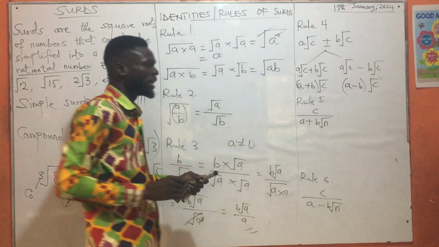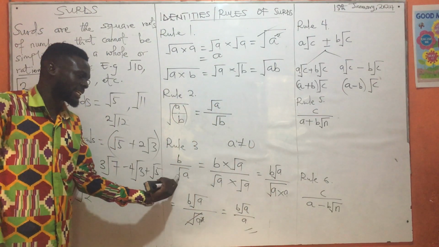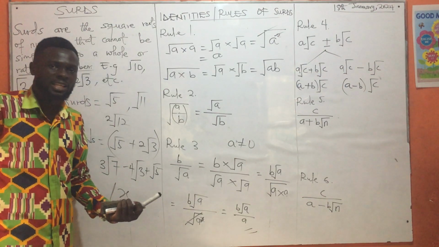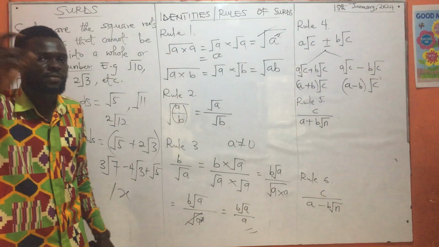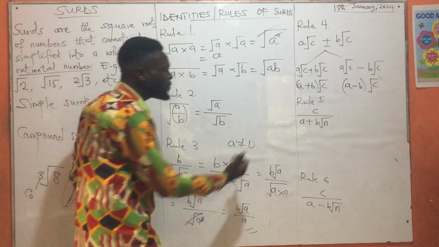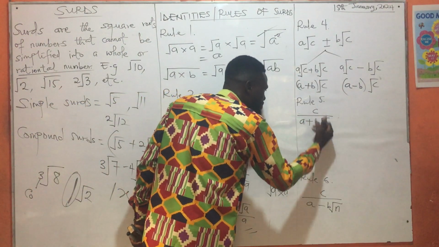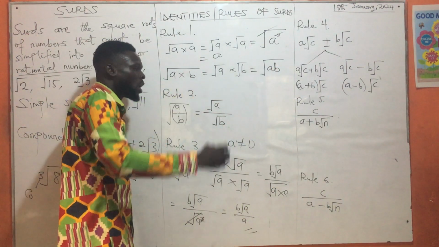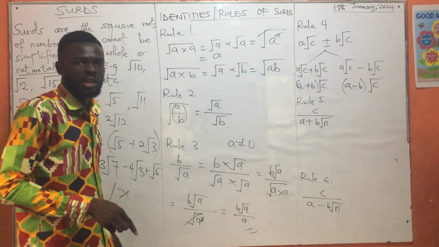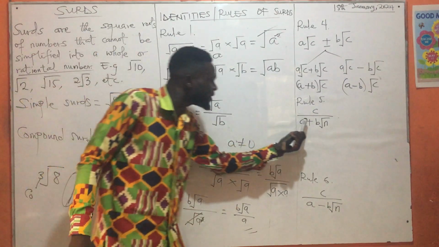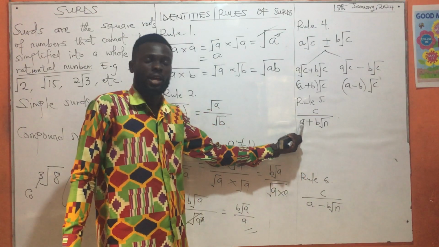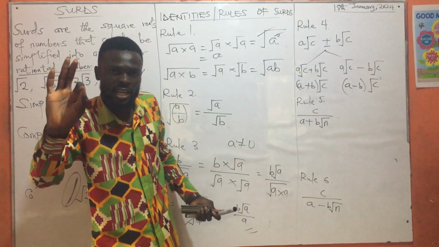Now the fifth rule is more or less like the third rule, whereby we don't want the denominator to have a square root. But it says that if you have C over A plus B set n, multiply with the opposite of the denominator, the opposite sign. So if this is addition, we will multiply the numerator with the same expression, but this time negative.